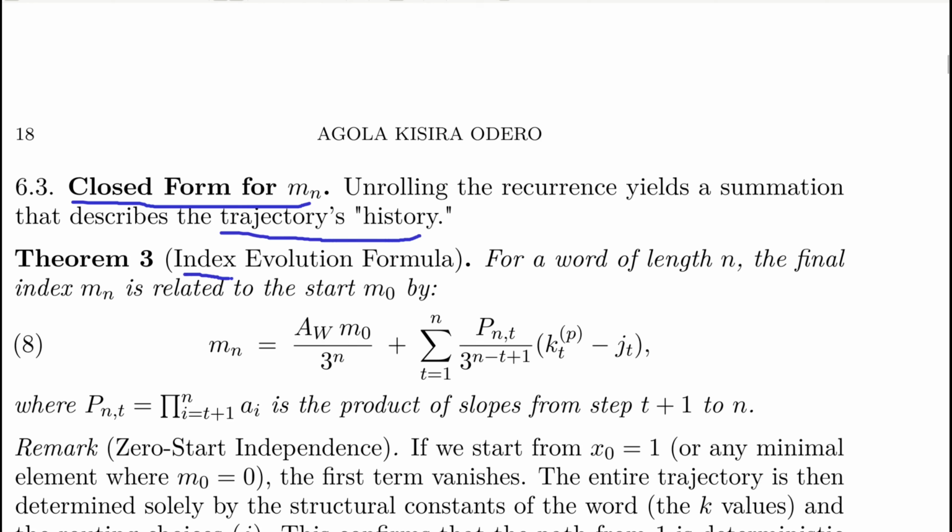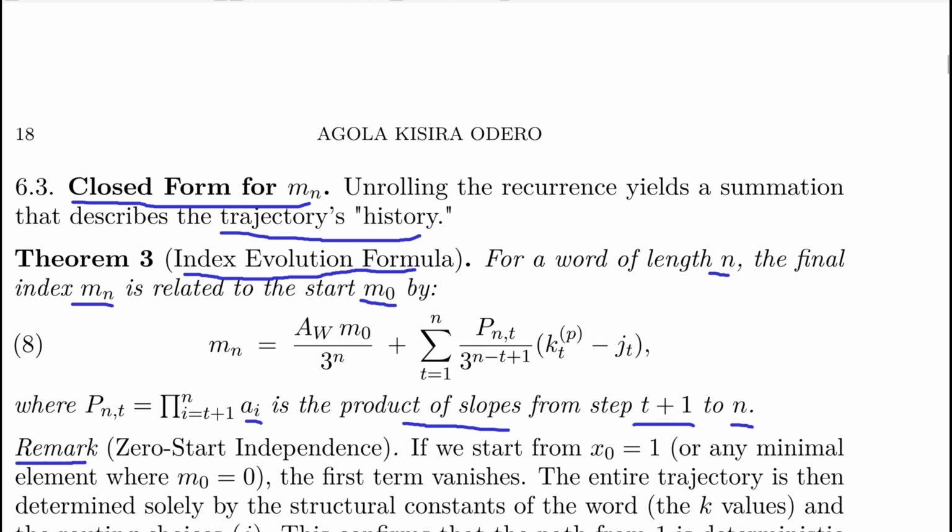This theorem, the index evolution formula: for a word of length n, the final index mn is related to the start m0 by mn is equal to aw m0 over 3 raised to n plus the summation from t equals 1 to n of a term pnt over 3 raised to n minus t plus 1 times, in brackets, ktp minus jt, where pnt is equal to the product from i equals t plus 1 to n of ai, the product of slopes from step t plus 1 to n.